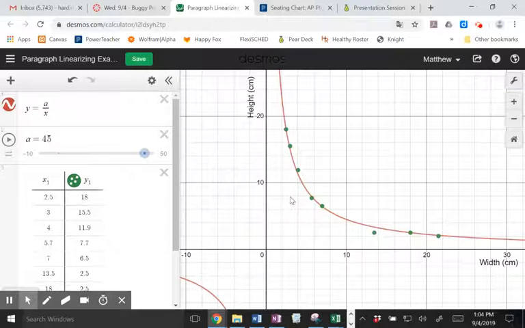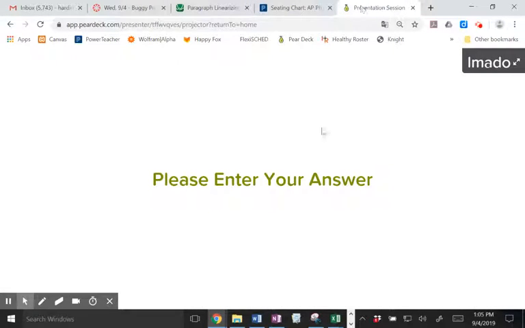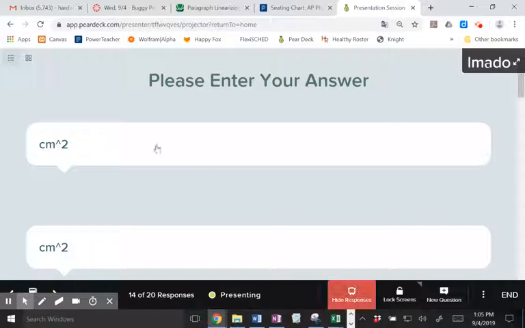So what goes in the question mark here to give me the same units? Go ahead and type that into the Pear Deck. All right, let's see here.